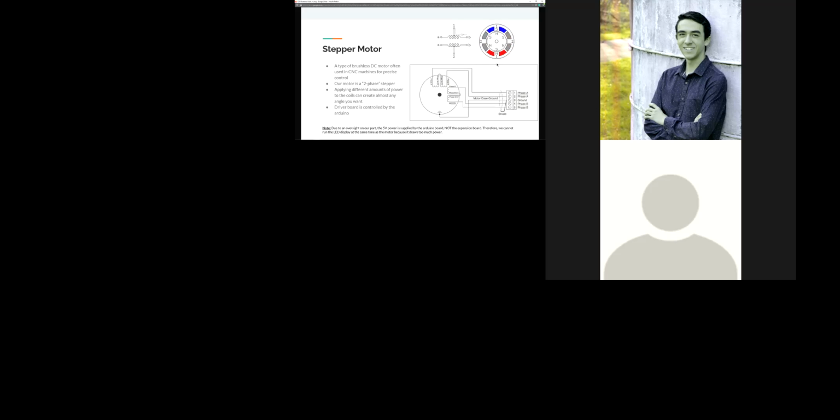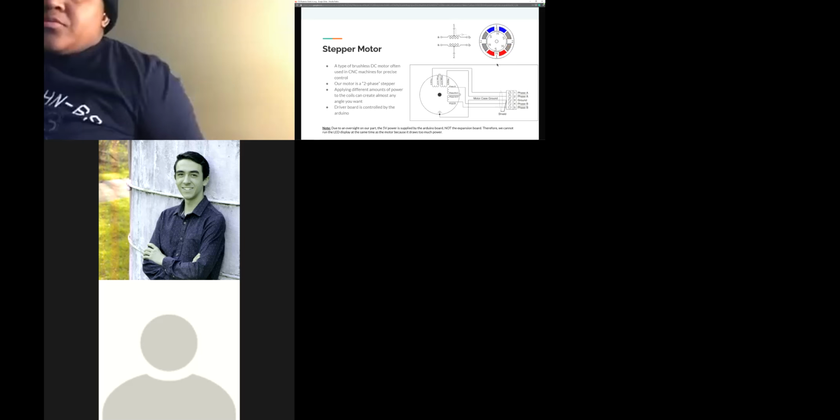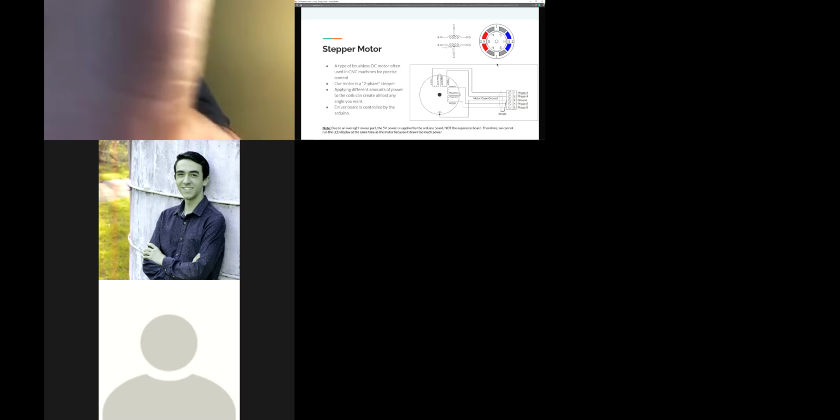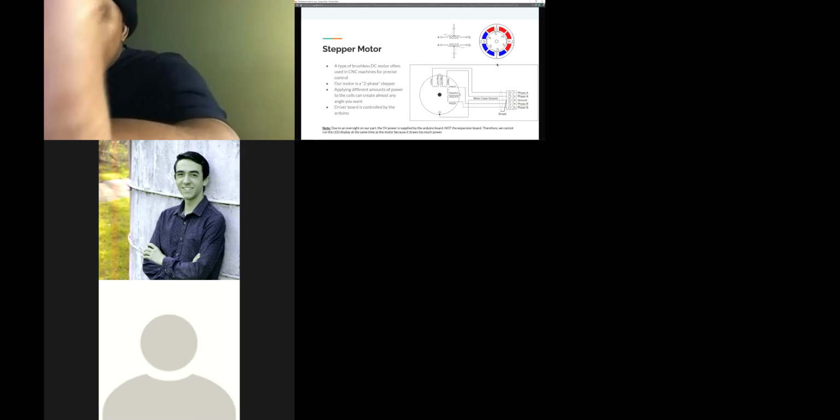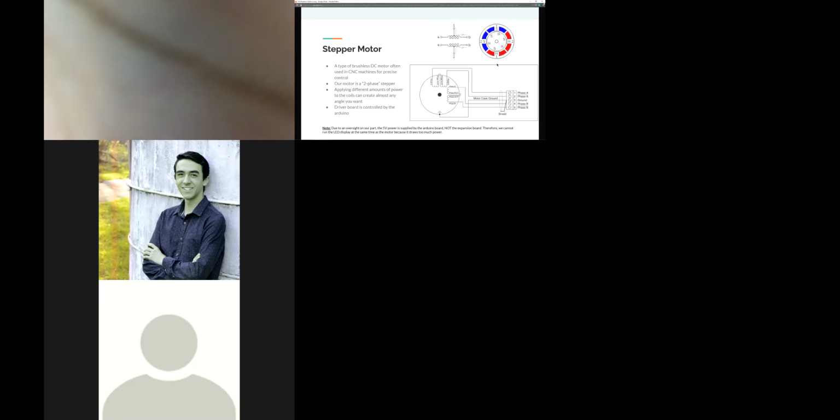Now you should know that stepper motors are actually able to do full steps and half steps. Since this motor is a 2-phase stepper motor, it's currently used as a full step. That means that each step uses both phases to drive the motor, but you can actually set this up to do a half step, which means that each phase is only done one at a time.